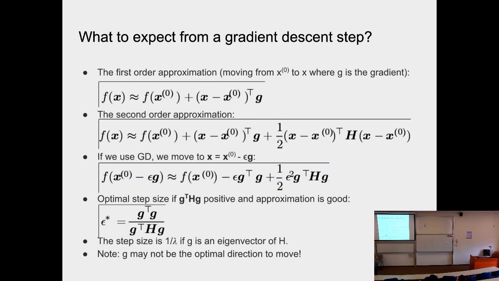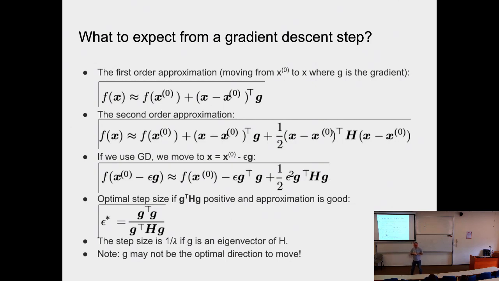Okay? And now I can say, okay, what's the ideal epsilon to use? If you take the derivative of this thing with respect to epsilon and set it to 0, it will tell you the best epsilon to use. And the best epsilon to use turns out to be this. Okay?